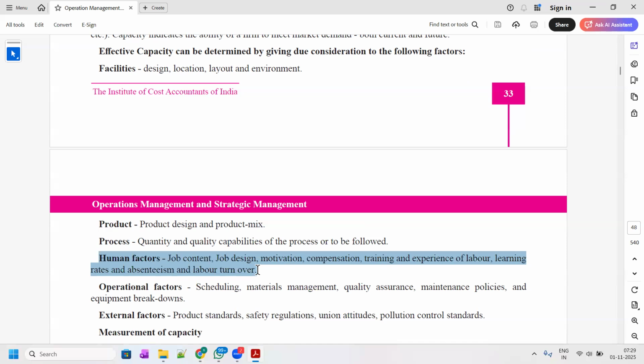We have the facilities with a very good environment and a very good layout of machinery, so everything is fine. We have the raw material, and sourcing is done. We know the process too, what process will be followed to get the end output. But what matters is the human resource, HRM.